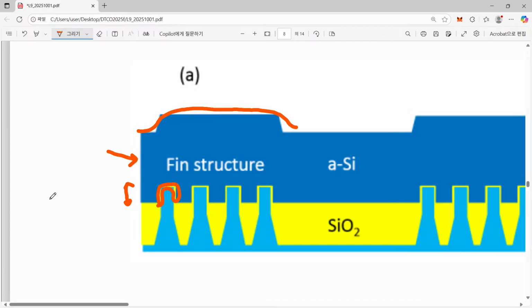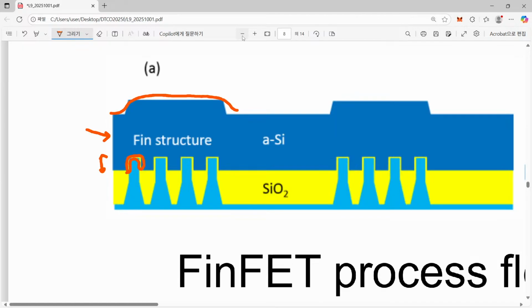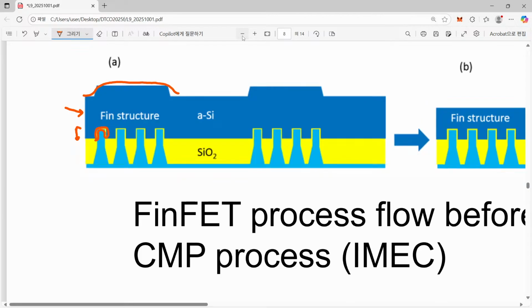In this paper, the IMEC researchers suggest that they have developed a CMP process to planarize this dummy gate deposition.